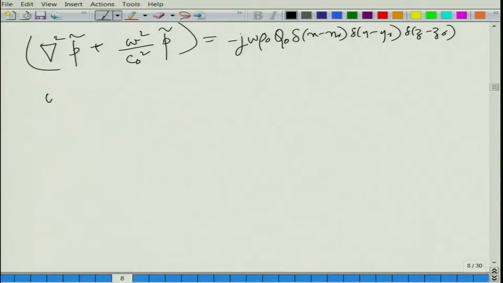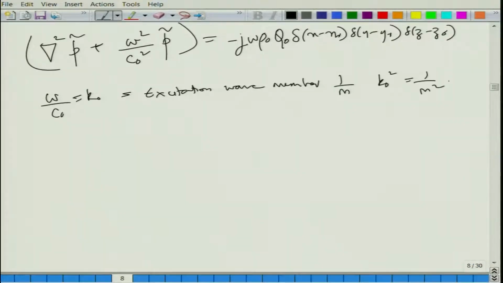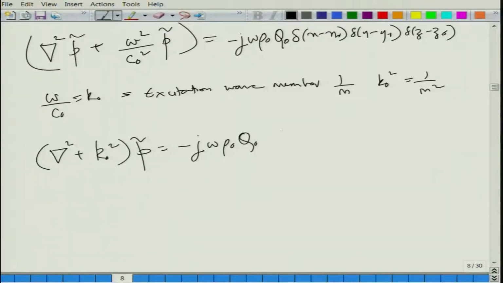Okay. And omega by c naught is k naught. So, that is your excitation wave number. The dimension of that is per meter, or k naught square is per meter square. So, you eventually will get this term: j omega rho naught q naught into x minus x naught, y minus y naught, z minus z naught. Okay. So, this is a very important result.